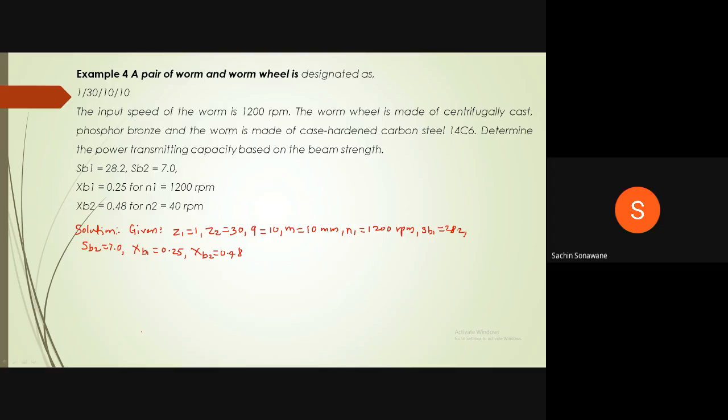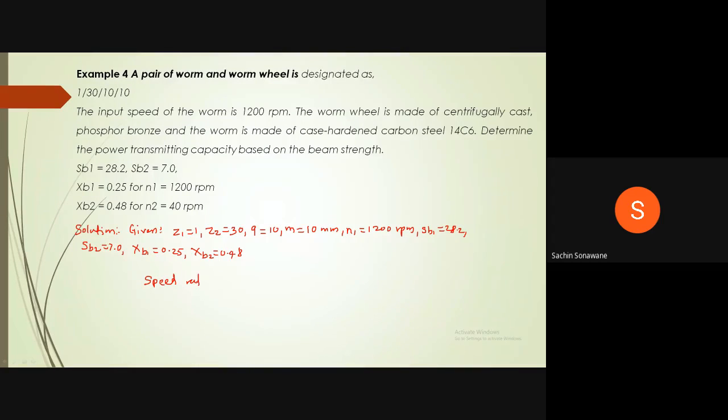Now we will first find out N2. We know the speed ratio is given.